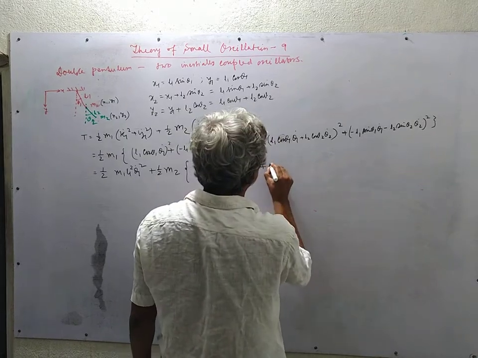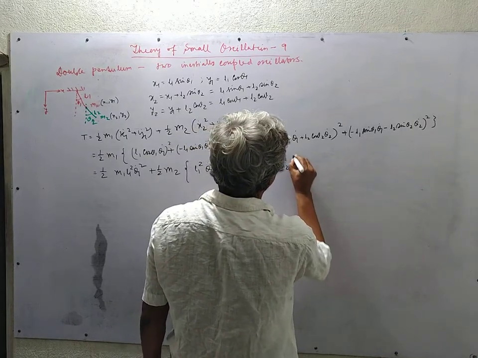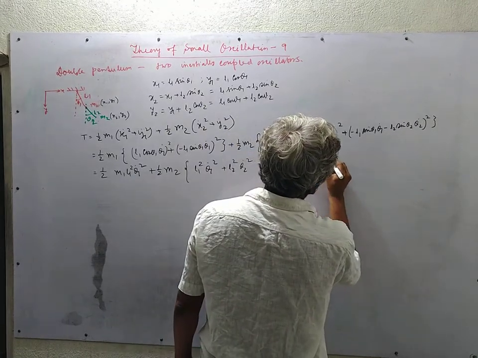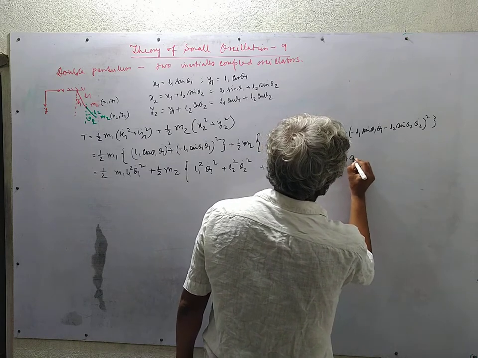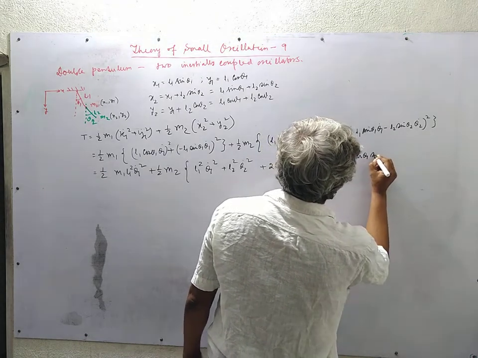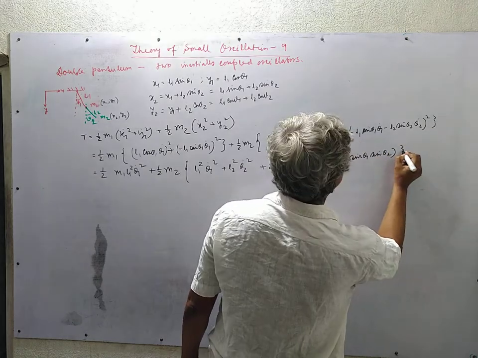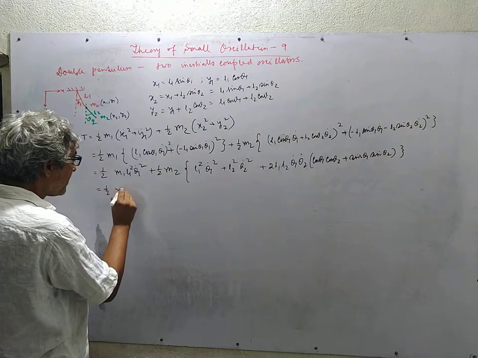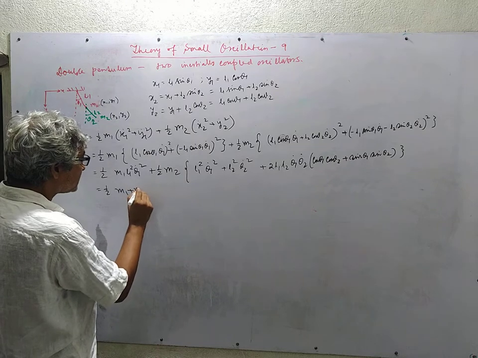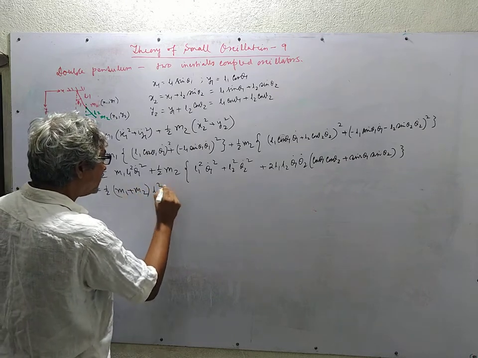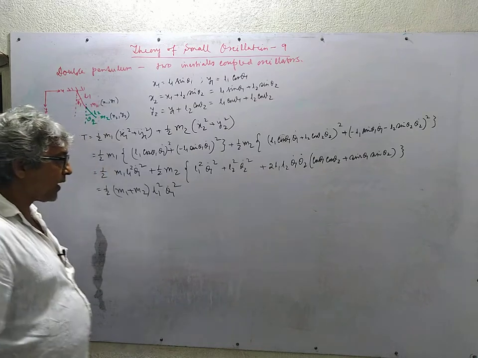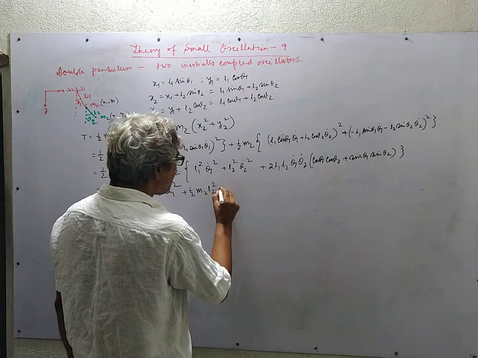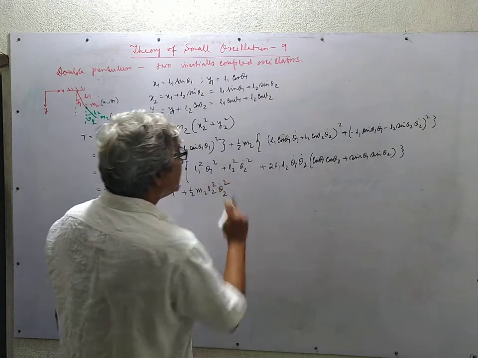The cross term is twice L1 L2 θ1 dot θ2 dot times (cos θ1 cos θ2 plus sin θ1 sin θ2). So we write it as half (m1 plus m2) L1 square θ1 dot square plus half m2 L2 square θ2 dot square, and coming to the cross term.